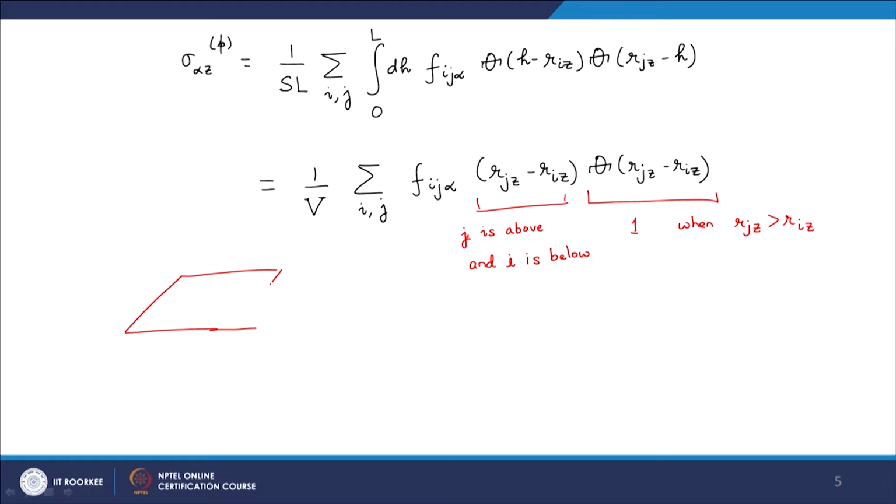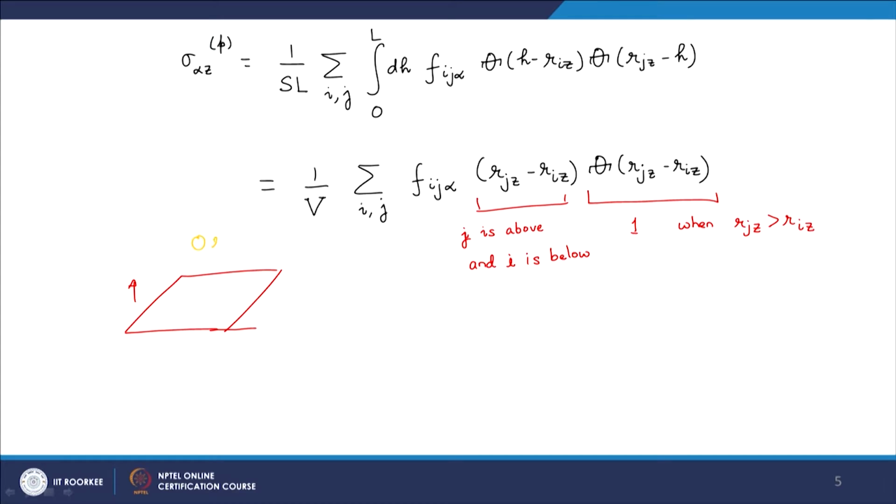this plane starts to move up. In the very beginning, suppose some particle is above and some is below, then we have a particle here at say r j z and a particle below at say r I z.